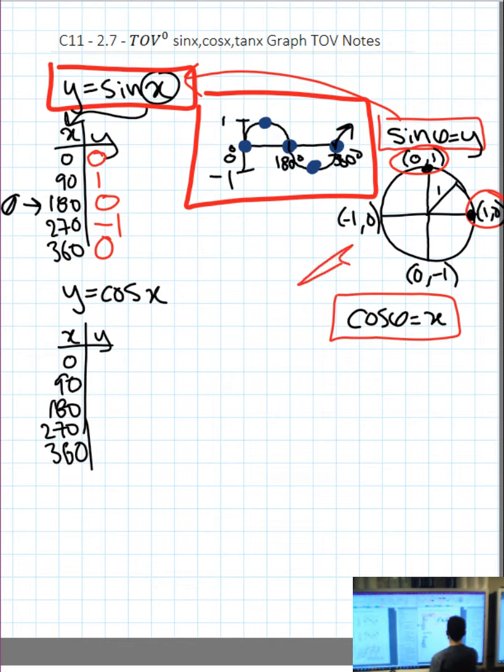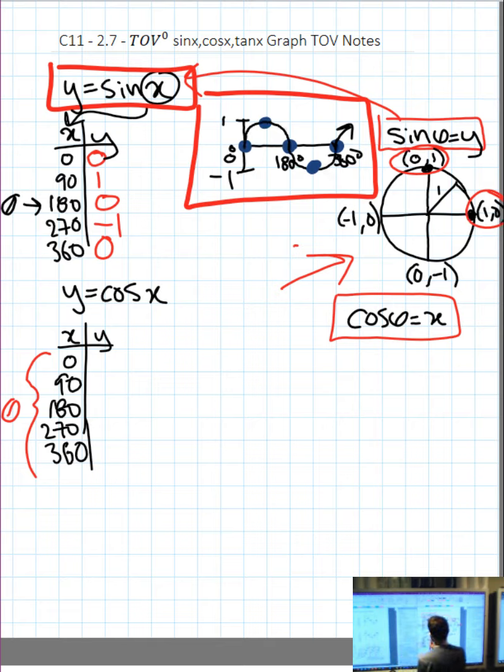Now we're going to look at the same unit circle that we were looking at before. We know cos theta is the x value. So now we have the angles on the left, theta, and we're going to substitute them in.